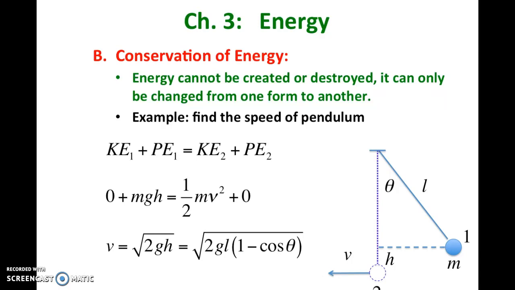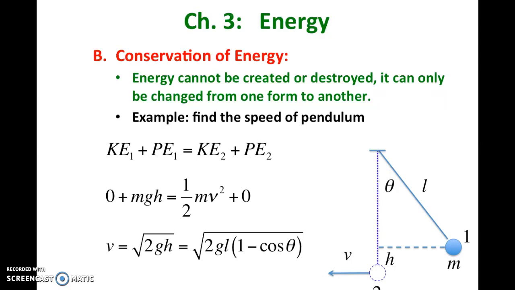At the highest point, the pendulum has only potential energy without kinetic energy because of no speed. At the lowest point, the pendulum has only kinetic energy without potential energy because of no height.